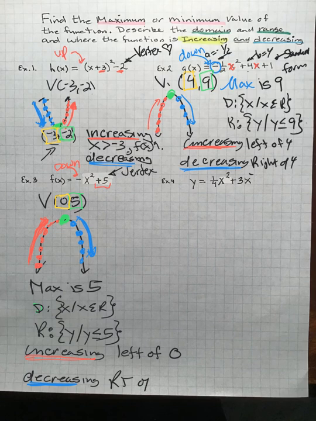So we're going to say right of 0. So again, what we're basically saying is that as x is to the left of 0, our y values are increasing. And as x is to the right of 0, our y values are decreasing. That's basically what we're saying.